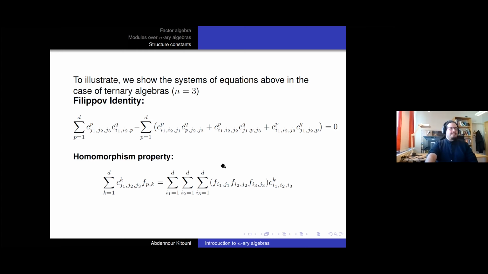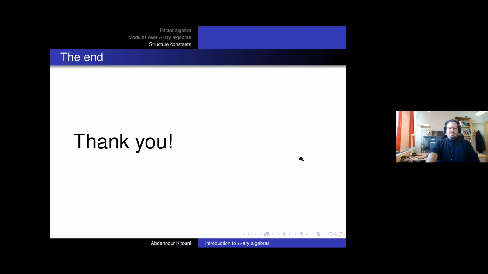So yeah, those can be in this form for a fixed d, and can be used with a computer algebra system, for example, in some of the work that I also do. So that's all what I have for today. Thank you very much for coming.